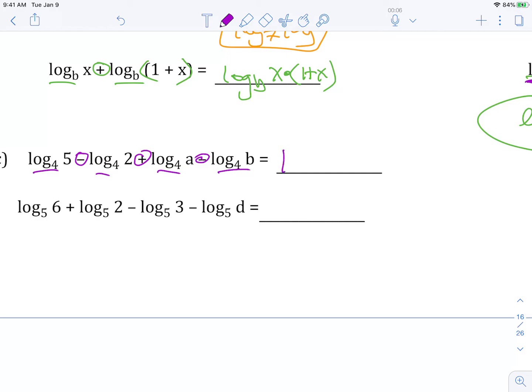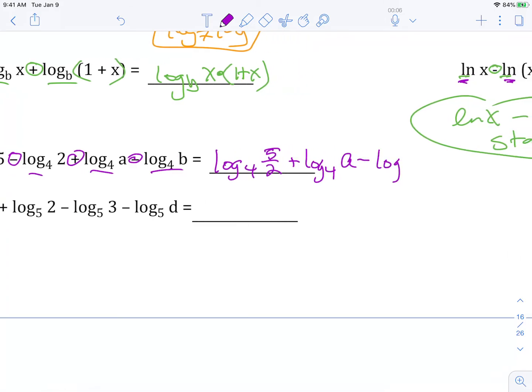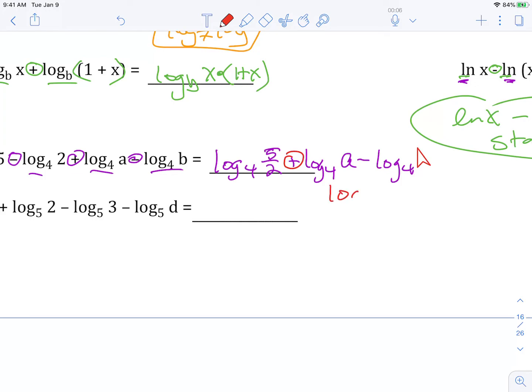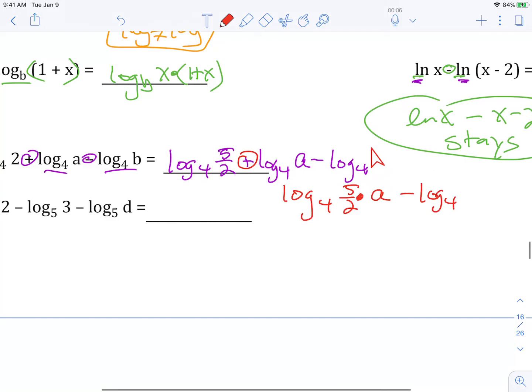You could say, well, log base 4 of 5 divided by 2 plus log base 4 of a minus log base 4 of b. Okay, and then you do it again. Notice a plus sign. So then you do log base 4 of 5 divided by 2 times a minus log base 4 of b.